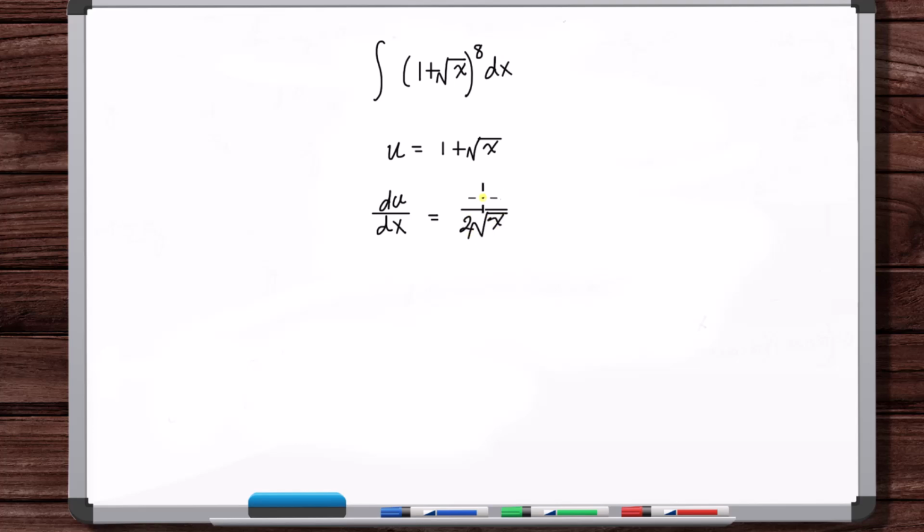We just have to do some algebraic manipulation. So what we've got is 2 root x du is equal to dx. Okay, but what is root x? Root x, we can see, is u minus 1.